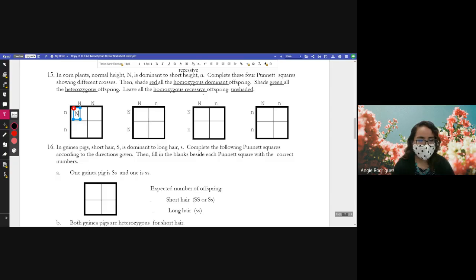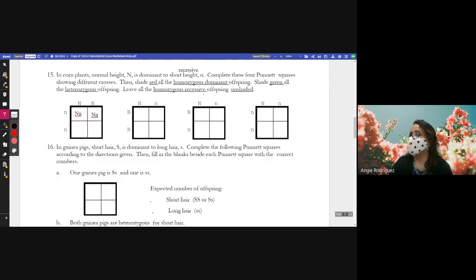So it's going to be big N, little n. Okay. What about the one next to it? Follow the same thing, right? The top one and then the side one. And then you put them together, right? Top, side. So that's also big N, little n, right?